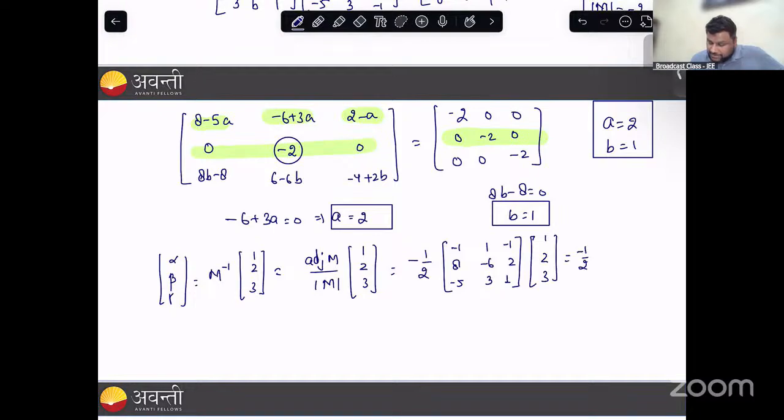Multiply it by 1, 2, 3. So minus 1 by 2 times, what do you get? First row, first column: minus 1 plus 2 minus 3, so minus 2. First row, second column: 8 minus 12 plus 6, 14. So 2. Third row, first column: minus 5 plus 6 plus 3, 9 minus 5, 4.